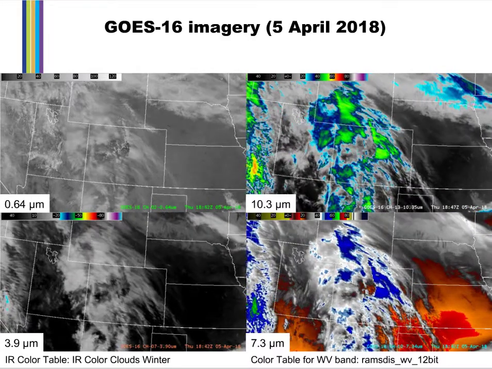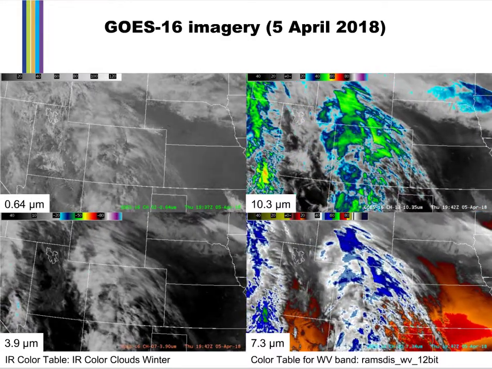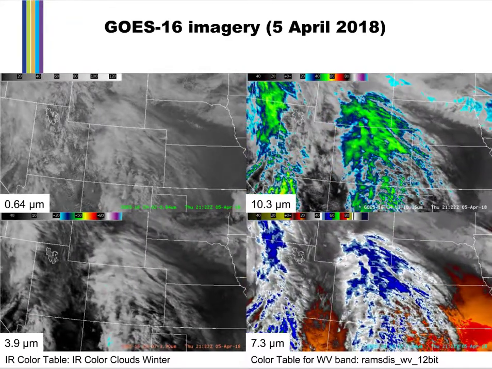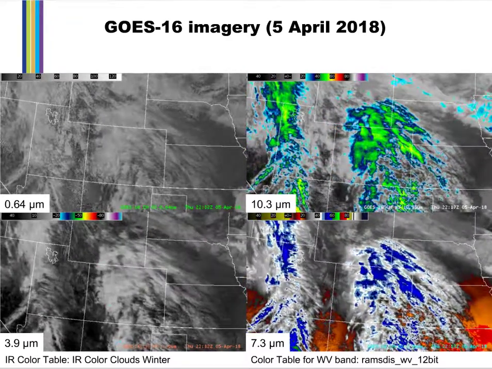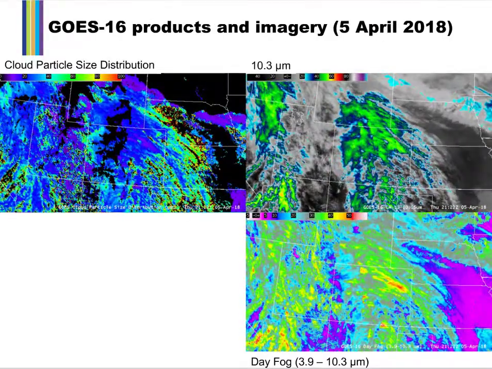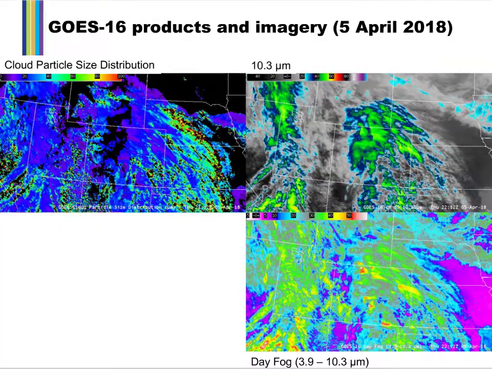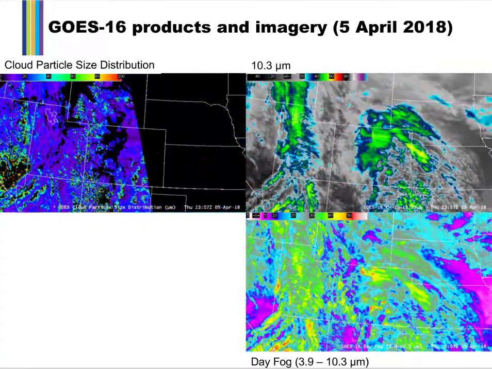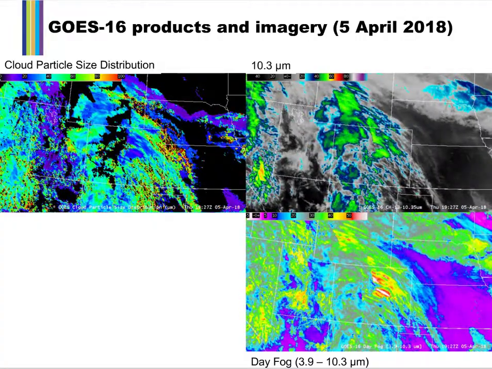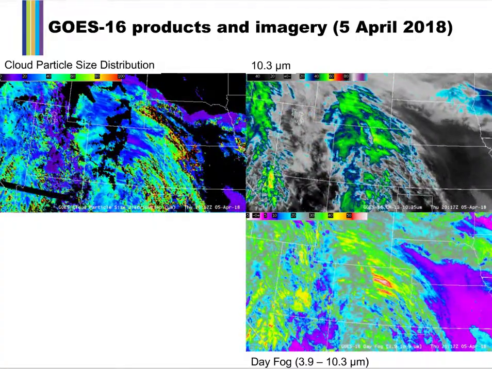Note that there's considerable high cloud cover advecting through the region of interest, mixing in with the mountain wave clouds, which can make it difficult to identify the mountain wave clouds. Next, we look at various channel difference and baseline products to help discern mountain wave clouds from the high-level clouds that are moving through. In the upper left, we have the cloud particle size distribution baseline product.